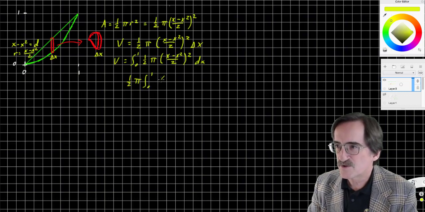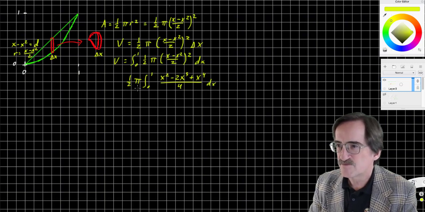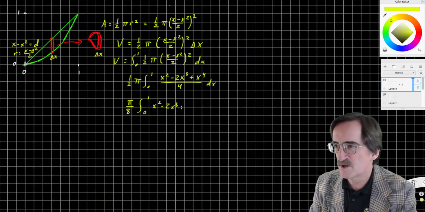Square this. So squaring a binomial: x squared minus 2x times x squared is x cubed plus x squared squared, or x to the 4th, over 4 dx. Let's move the 1/4 out. 1/4 times 1/2 is 1/8. So simplify a little bit more. Pi over 8 times the integral from 0 to 1 of x squared minus 2x cubed plus x to the 4th dx.